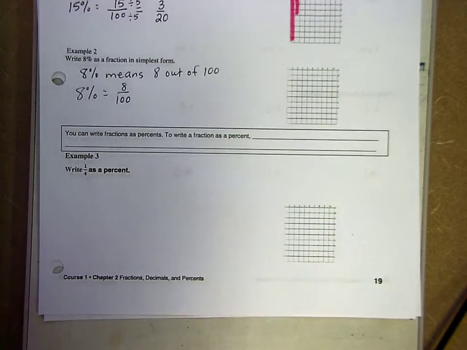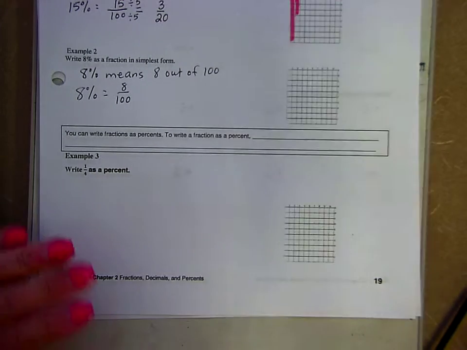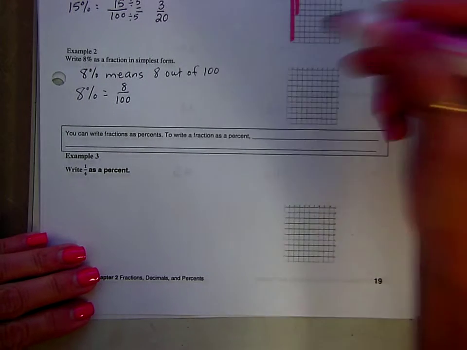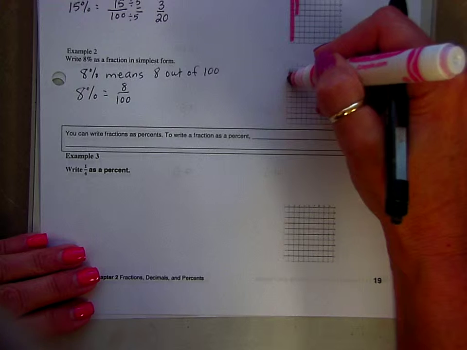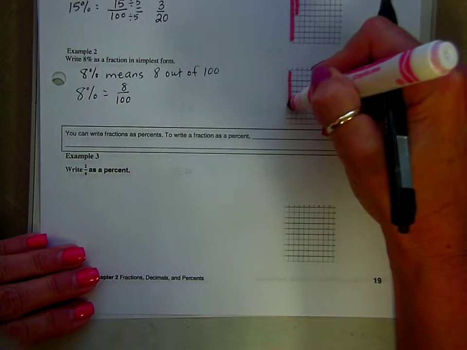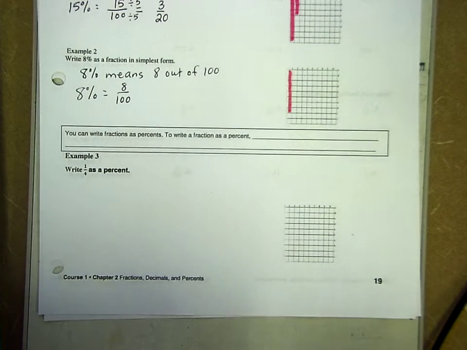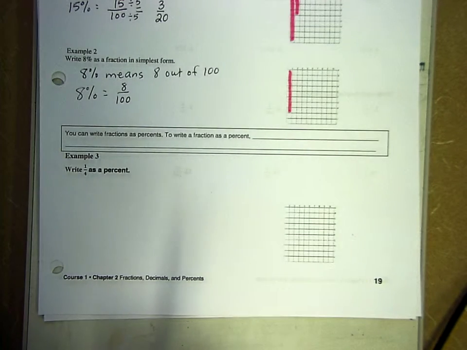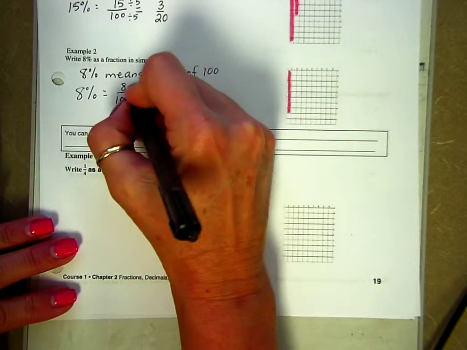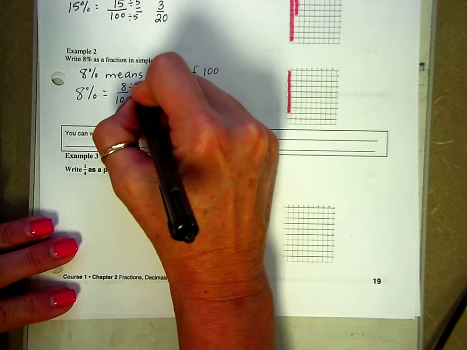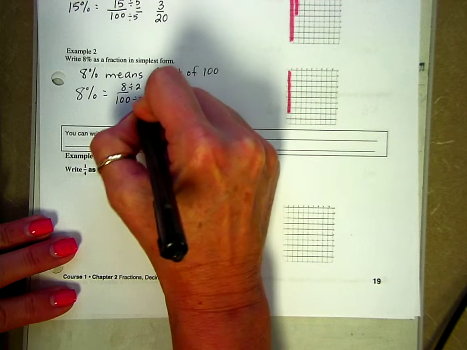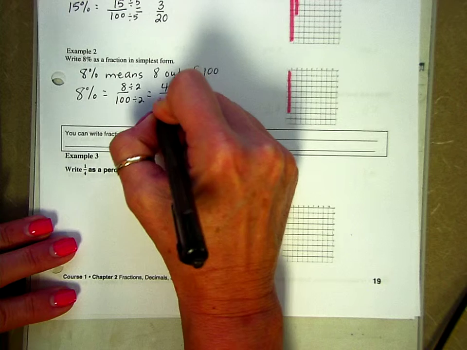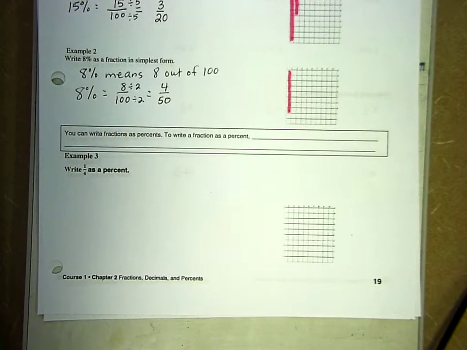And if we were to shade in what 8% looks like on a hundreds grid, we would shade in 1, 2, 3, 4, 5, 6, 7, 8. So 8 out of 100 would be shaded in. That's what 8% looks like. Then of course we have to decide what is a common factor of 8 and 100, and it is 2. So this reduces to 4/50.